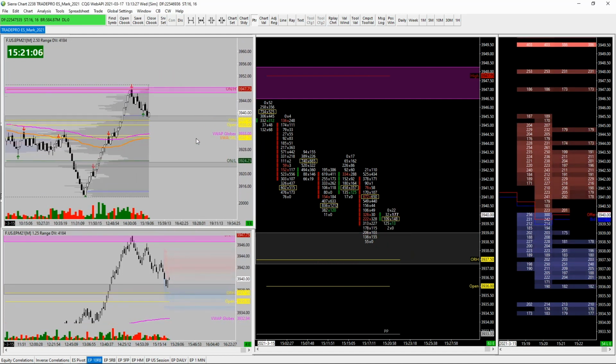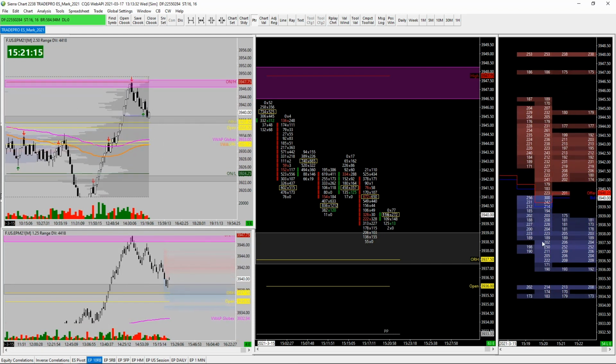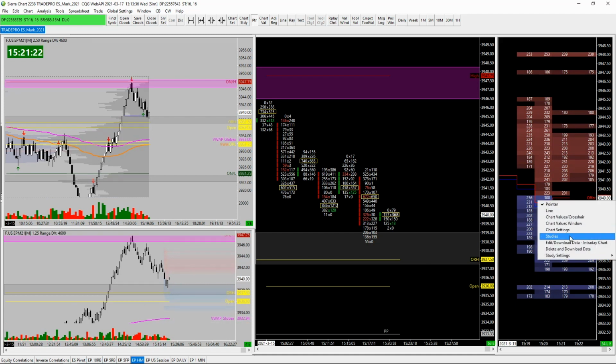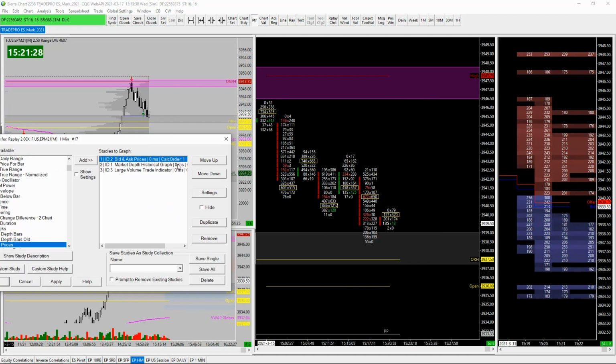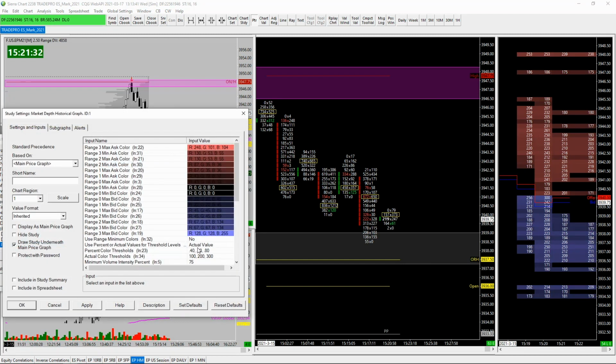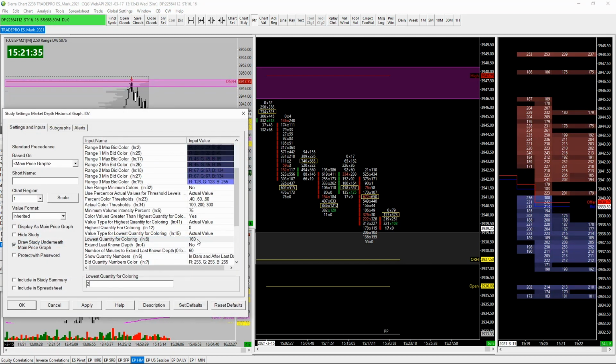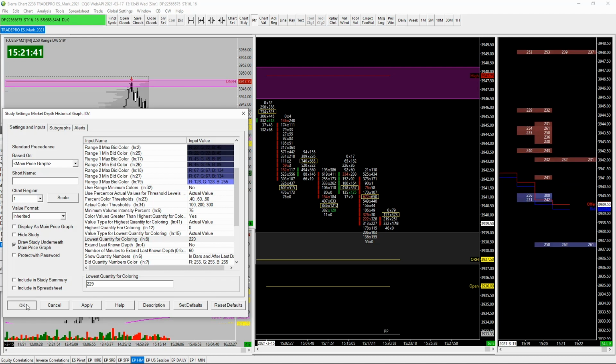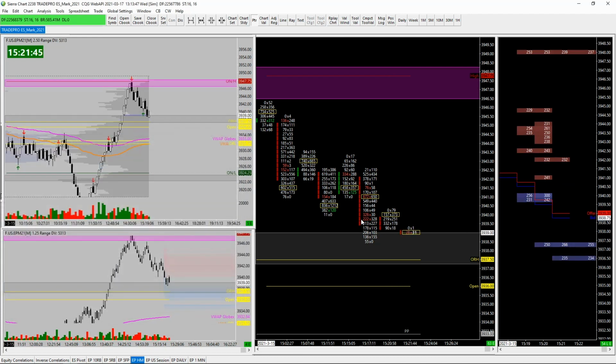All right. So as it stands, you can see the market has come into my zone. There is some bid and offer activity here. What I can do is increase this a little bit so we don't see as much. All right. So we'll do this to 229. Now we see a little bit less, which is perfect.